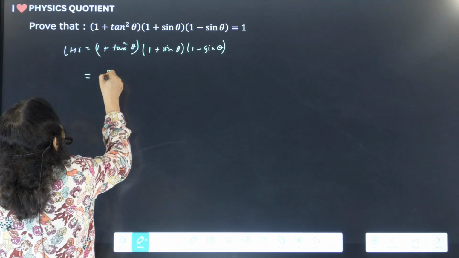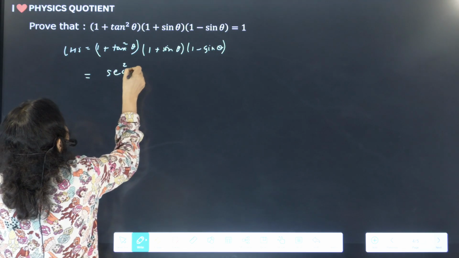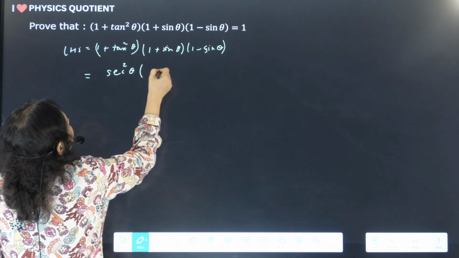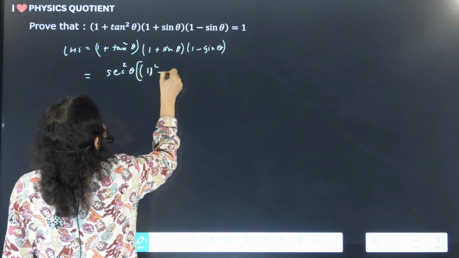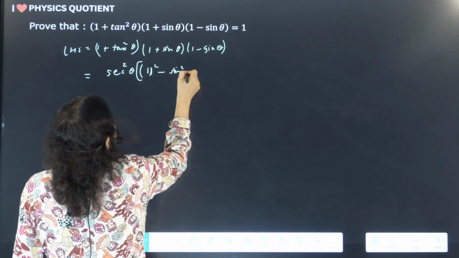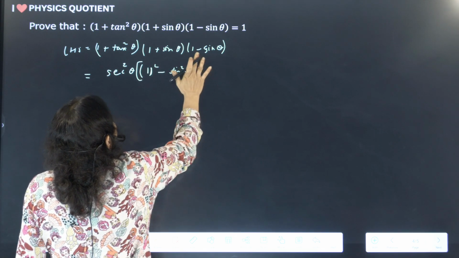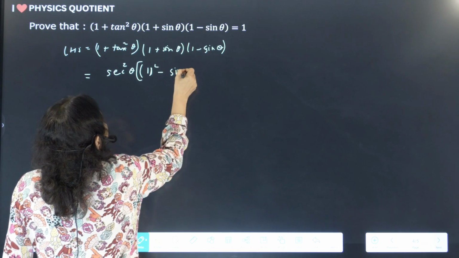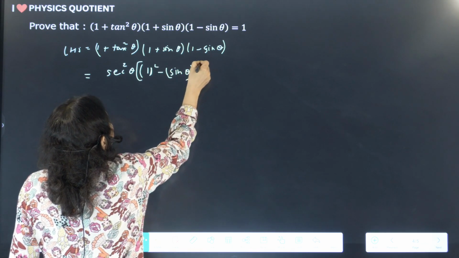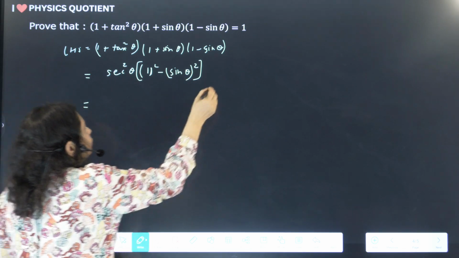How? We'll see. Sec square theta into 1 square minus sin theta square. Here we will mention the identity.